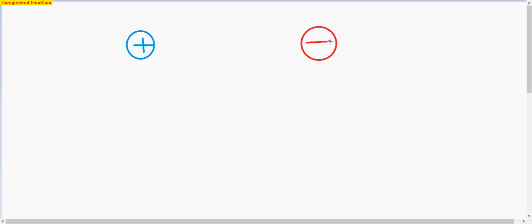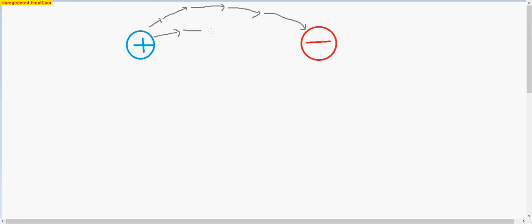Suppose that we have a charge from here going like this, but it is attracted towards the negative, so it slightly bends and goes like this.